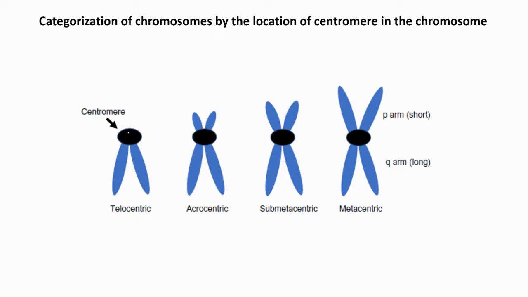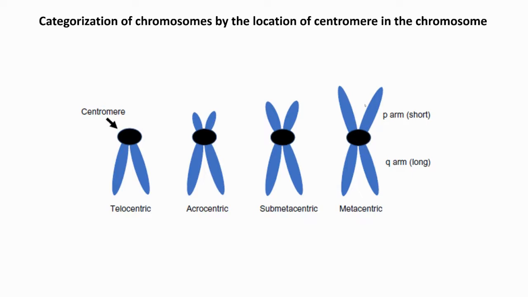Also, we have the telocentric, where basically you lose one arm. One arm is missing completely. So from the metacentric, submetacentric, acrocentric, to telocentric, you will be able to see these through the karyotype.